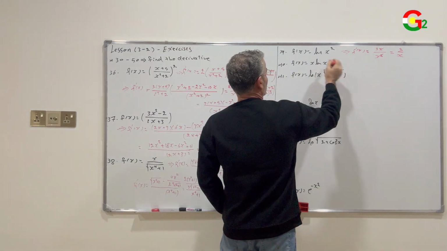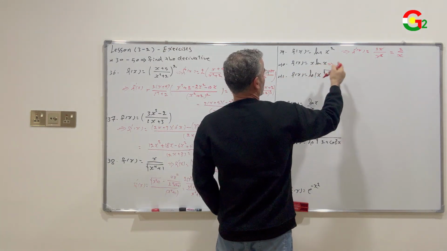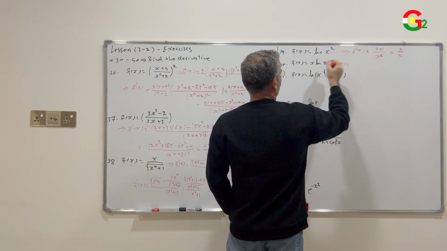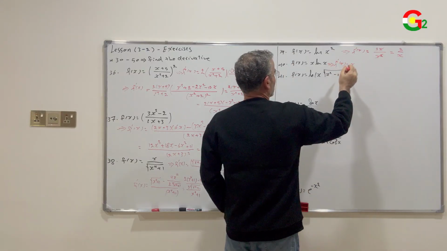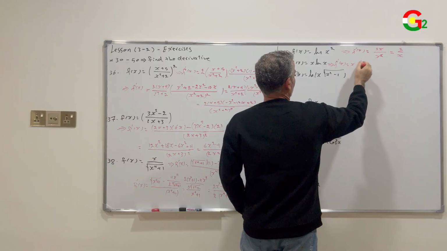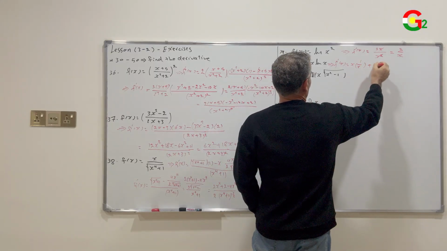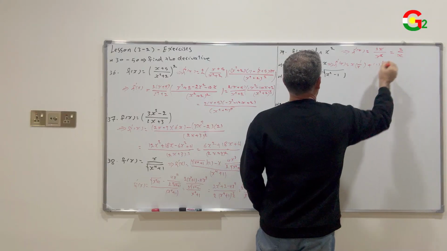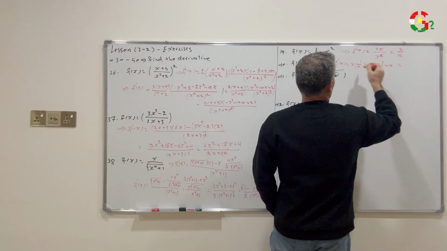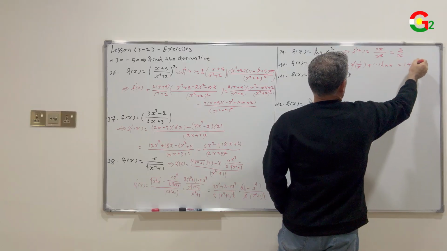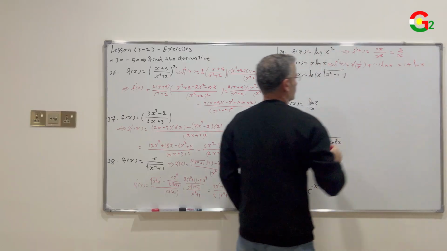Number 40, apply derivative of multiplication of two functions x and ln x. Then f prime of x will be x times 1 over x plus ln x times 1, equal to, reduce x with x, 1 plus ln x.